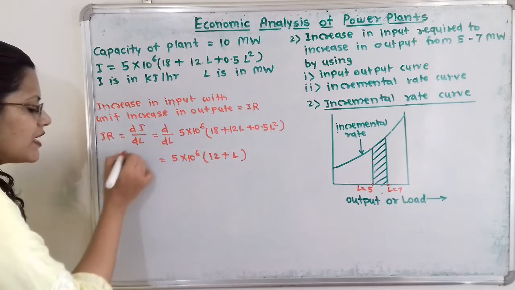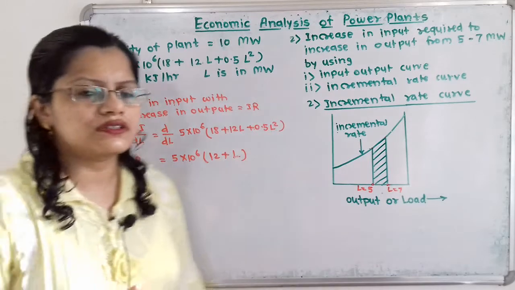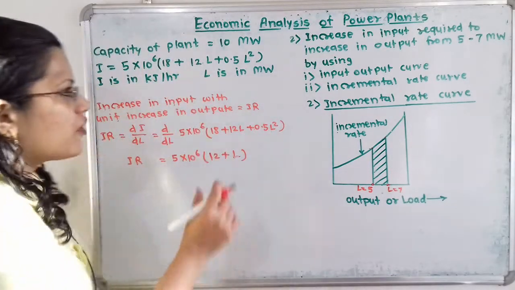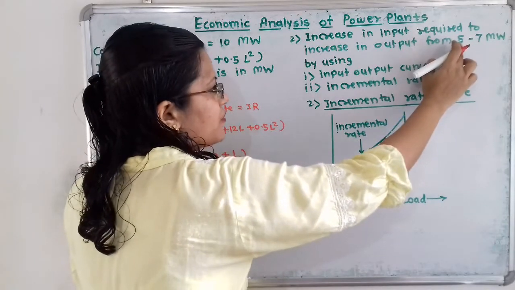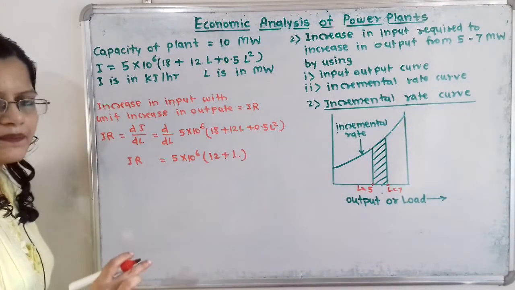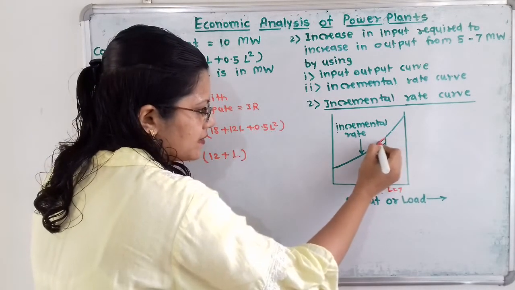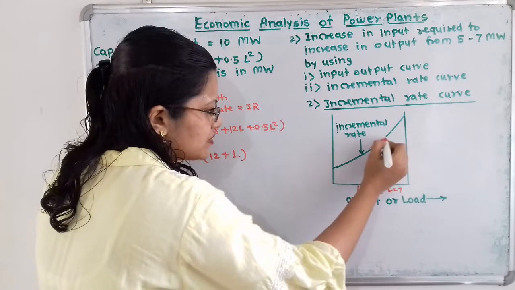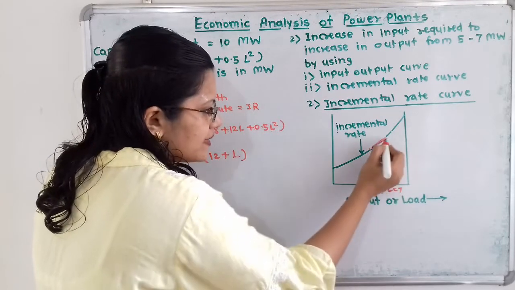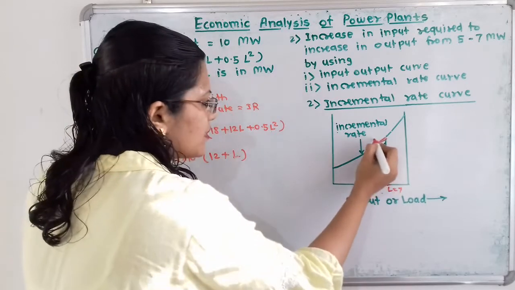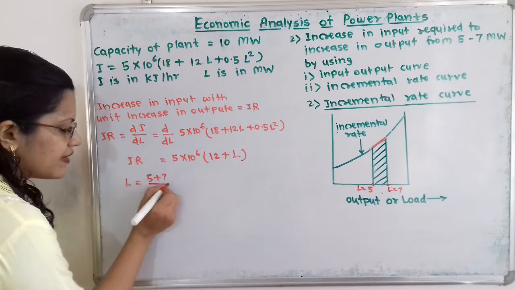Now to calculate this incremental rate, what is the value of L that we have to consider? This value of L is given, and it varies from 5 to 7 megawatt. If we consider this incremental rate curve between 5 and 7 as a straight line, then the value of L is equal to 5 plus 7 divided by 2.